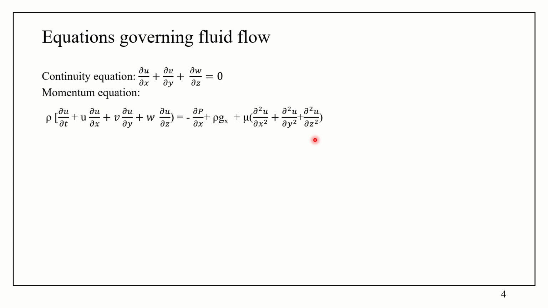But yeah, in the x momentum equation we have rho into dou u by dou t plus u into dou u by dou x plus v into dou u by dou y plus w into dou u by dou z equal to minus dou p by dou x plus rho g x plus mu into dou square u by dou x square plus dou square u by dou y square plus dou square u by dou z square.